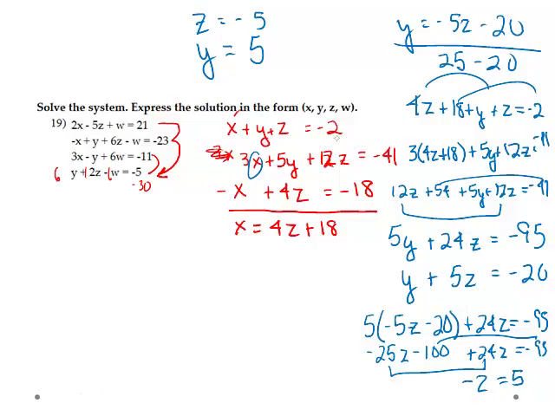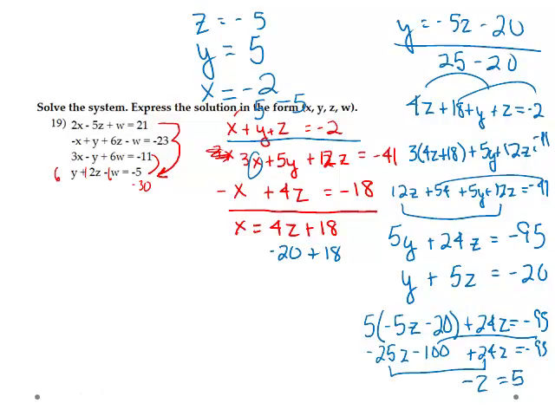Okay. Let's go back to this equation right here. We have y is 5 and z is negative 5. So x is negative 2, which we could have gotten from down here too. Negative 20 plus 18 is negative 2. And let's see, we need w yet, right?